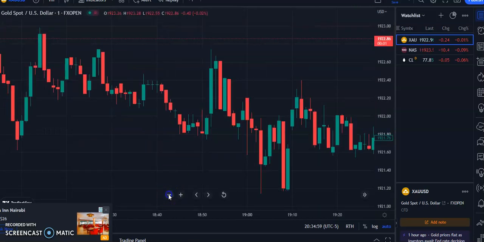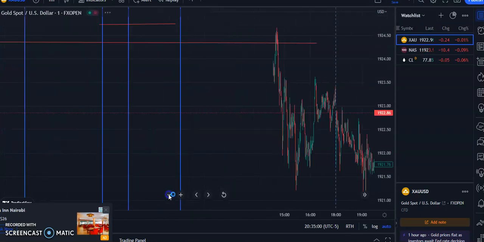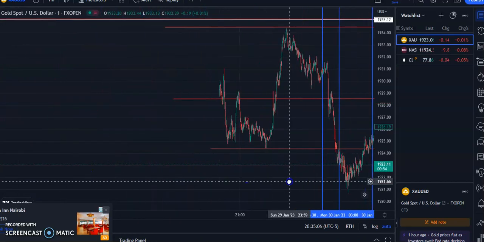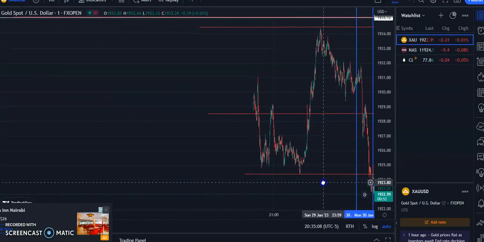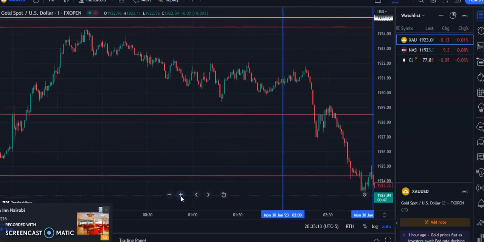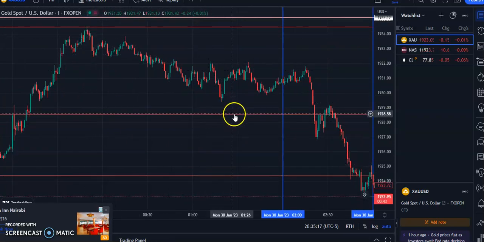So let's go look at the 1 minute time frame and see what happened. So that is our information right there. This is the high of the day, this is the low of the day, and this is the reference point.